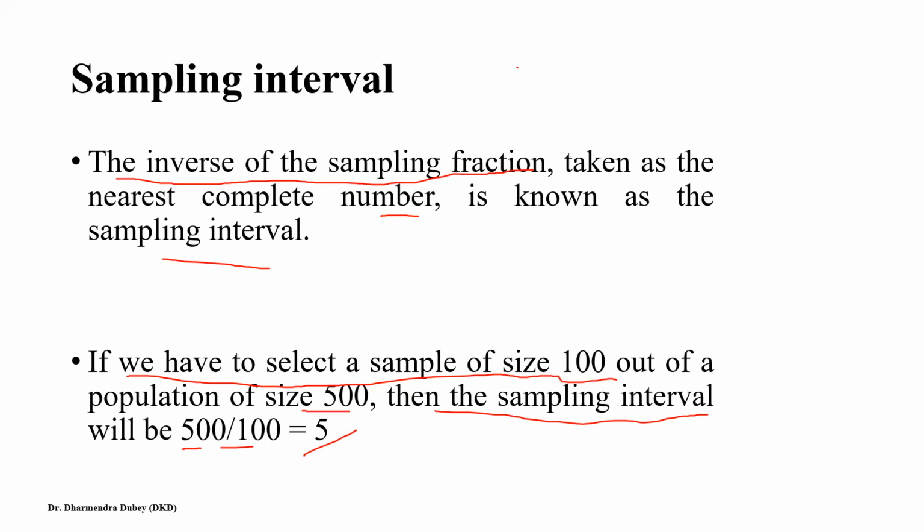Then we need to understand the sampling process steps as we discussed in the second slide. Then how to define sampling, what is the sampling unit, what is the sampling frame, what is the sampling fraction, and what is the sampling interval. So this is the basic terminology we need to understand.